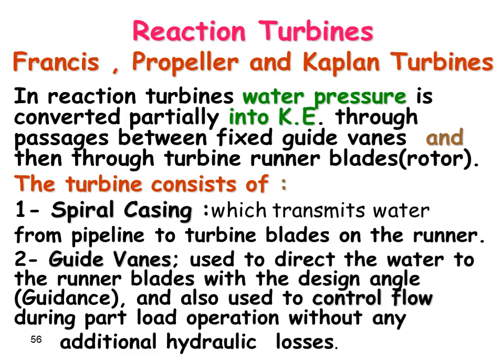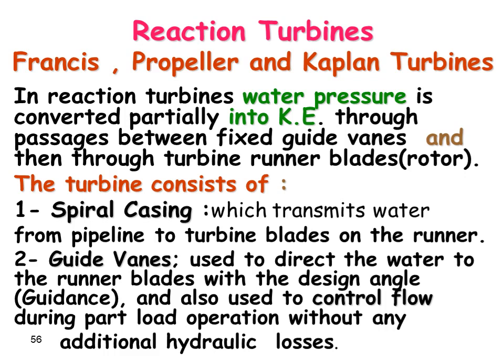Actually, these guide vanes have two functions. First one is used to direct the water to the runner blades with a design angle. It means guiding the flow to the runner blades at the design angle, as the designer thought, to consider the flow through the runner in some direction.